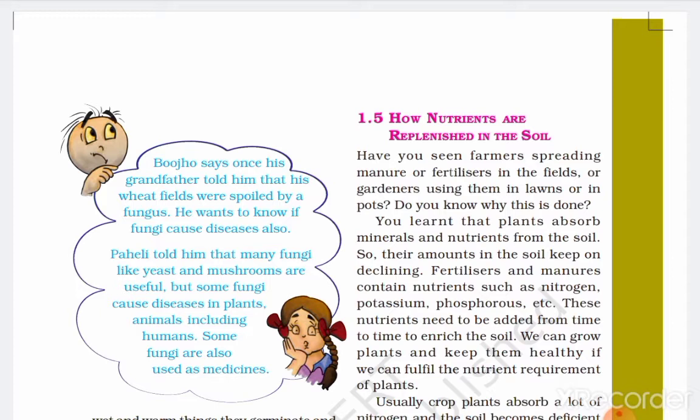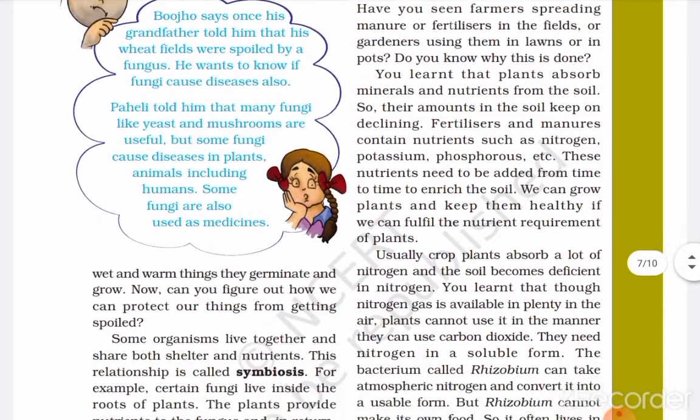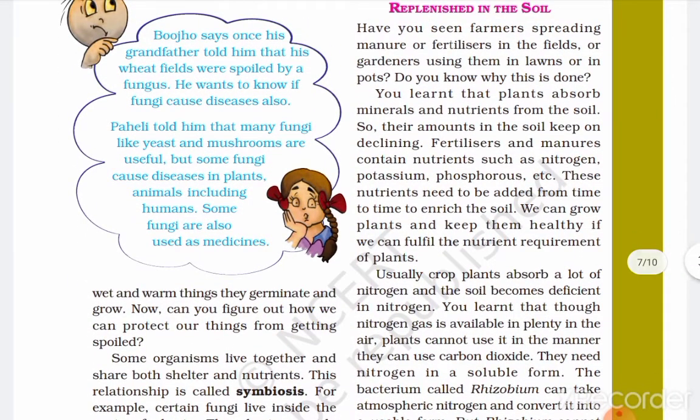We can grow plants and keep them healthy if we can fulfill the nutrient requirement of plants. So, do you know what the farmers do? They usually put manures and fertilizer. And have you seen a farmer putting cow dung in the farm?